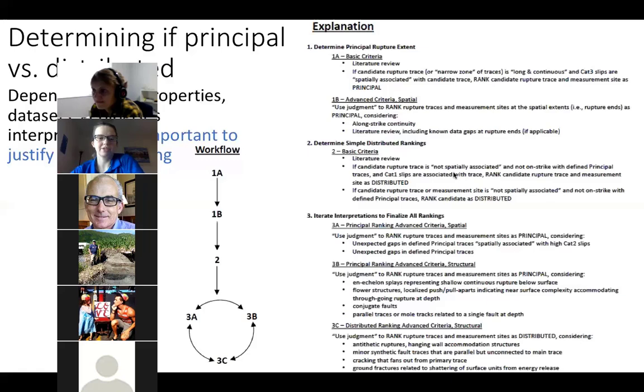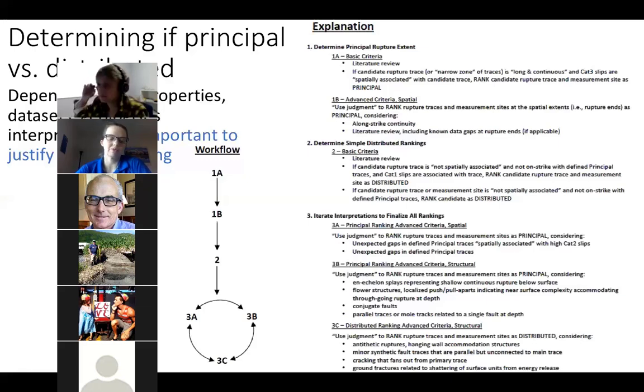So that's the presentation on distributed and primary faulting. Again, the key is to appreciate that your answers are probably going to depend on your work, which includes the area that you're in, the properties of the fault, and the data sets you're working with.